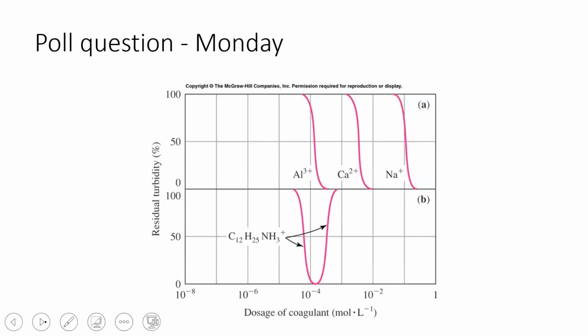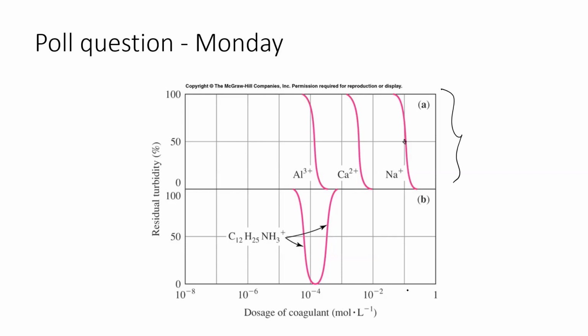And you can see that again in this diagram here, where we're plotting residual turbidity. Looking at this diagram, you see the amount of coagulant that we need decreases by several orders of magnitude if we move from sodium to calcium to aluminum.